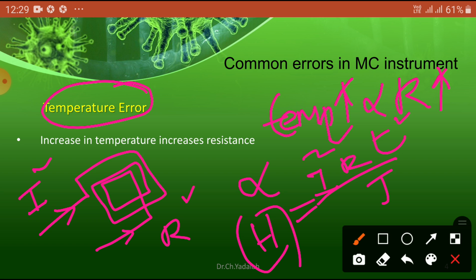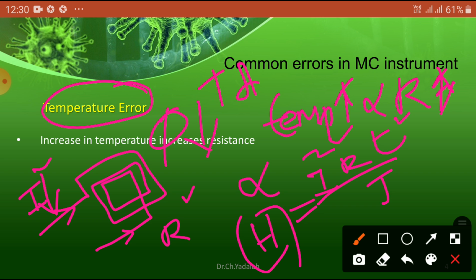If heat energy is produced, the resistance value increases. If the resistance value increases, then the current entering the coil also decreases. If current decreases, the flux decreases. If flux decreases, the deflecting torque decreases. Once the deflection torque decreases, the pointer may not show the correct actual value; it may show below that value. This leads to error while calculating readings with our instruments.